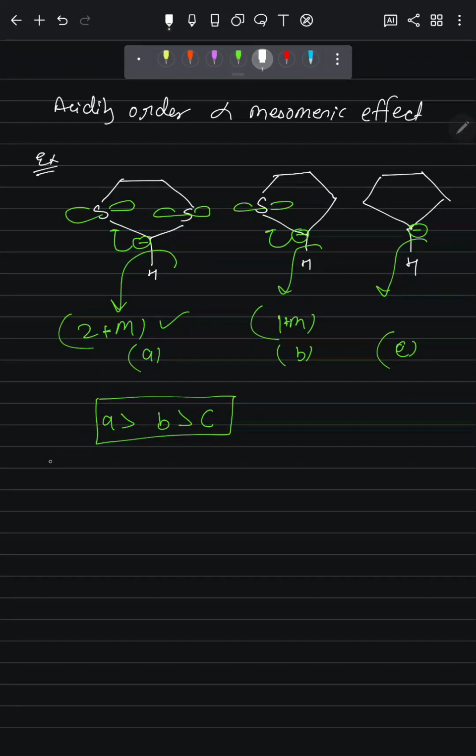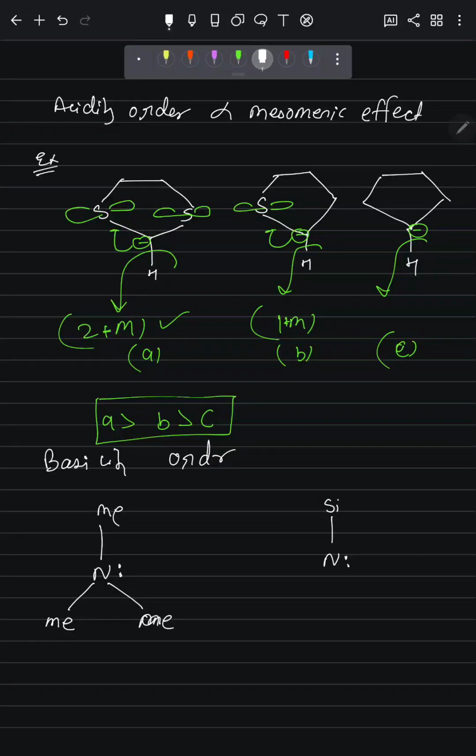Let's take another example, here for basicity order. We have to calculate the basicity order of this group, where a methyl group is here, a methyl group is here, and a methyl group is here, and this nitrogen has a lone pair. We compare this with a nitrogen lone pair with an SiMe3 group, an SiMe3 group and an SiMe3 group.